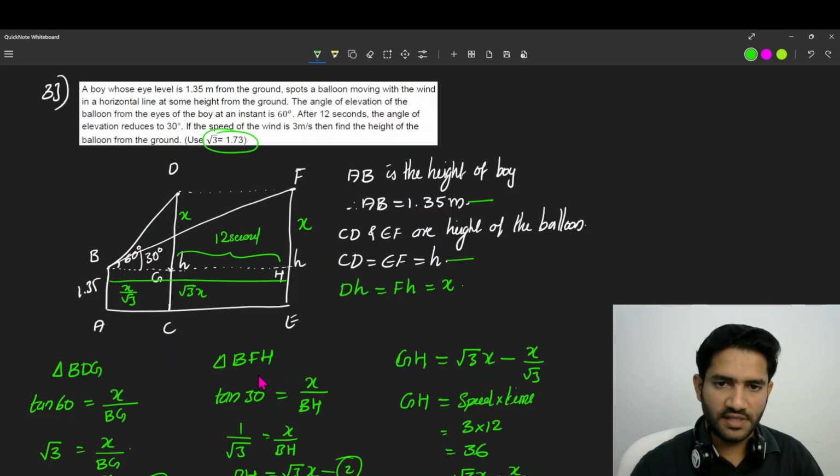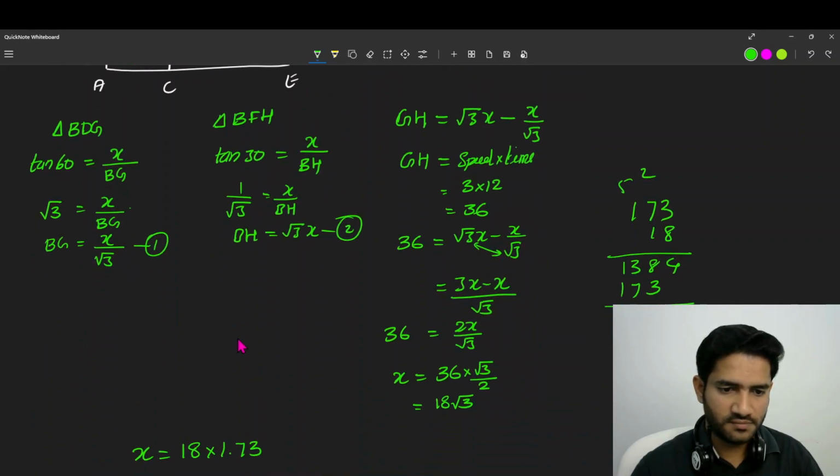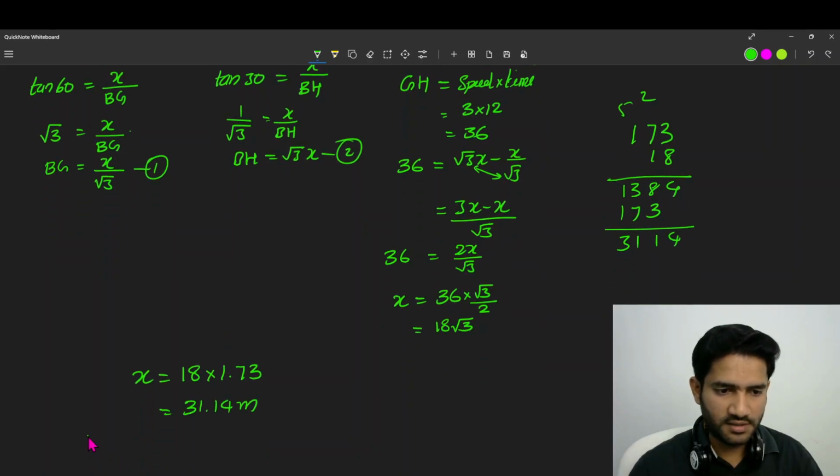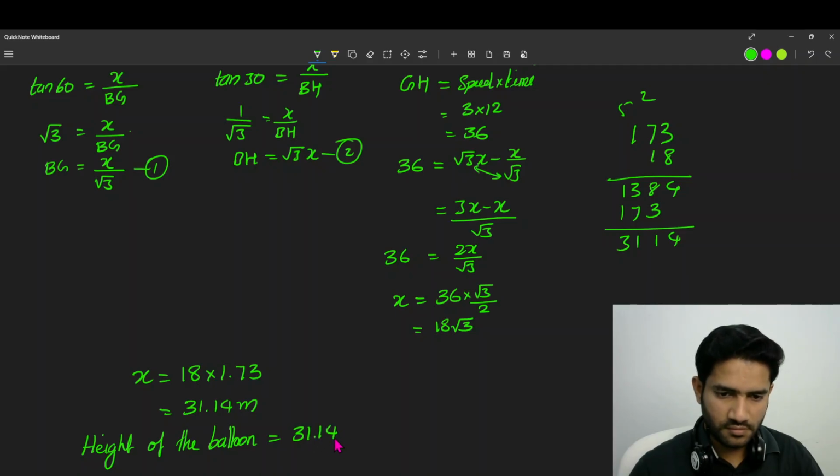If you want to find the height of the balloon, we want to add the height of the boy, that means 1.35.